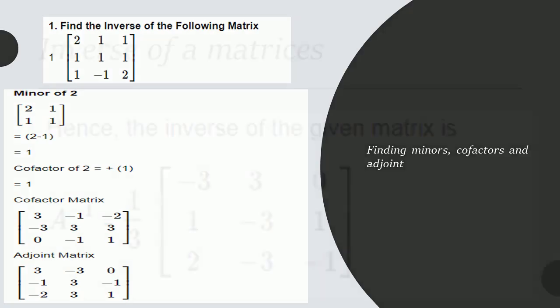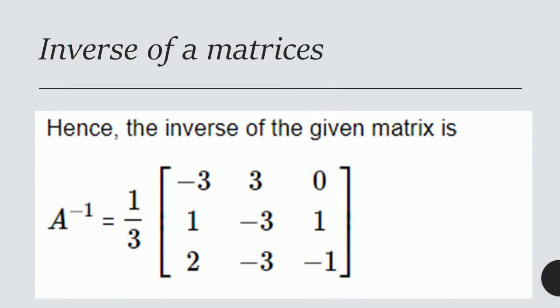Now finding the inverse becomes very easy. All we have to do is divide the adjoint by the determinant. The determinant we got was 3, so it is 1 over 3 times the adjoint, and that gives us the inverse of the matrix.